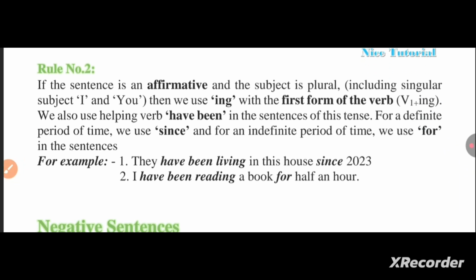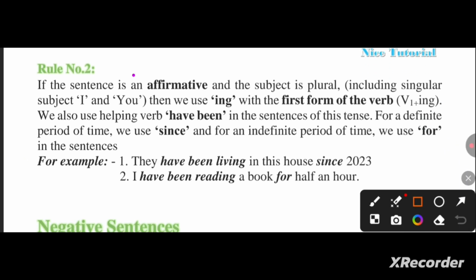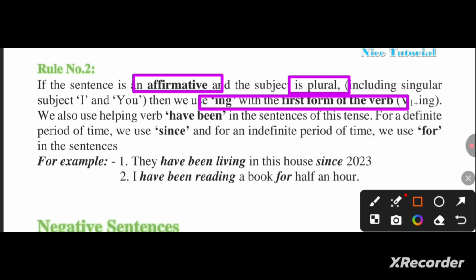Now, again, if the sentence is an affirmative one and subject is a plural one, including singular subject I and you, then we use ing with the first form of the verb.